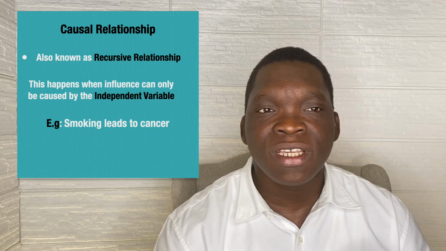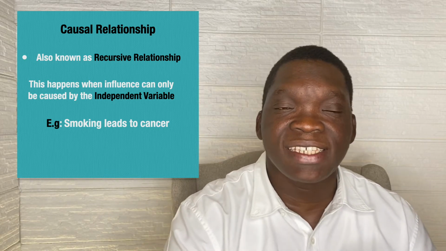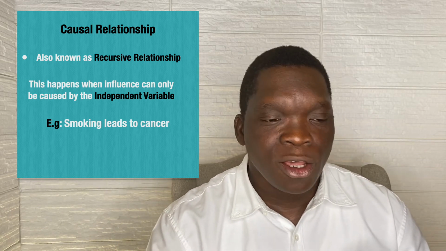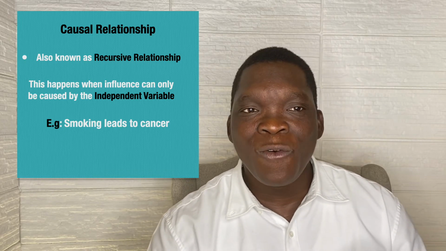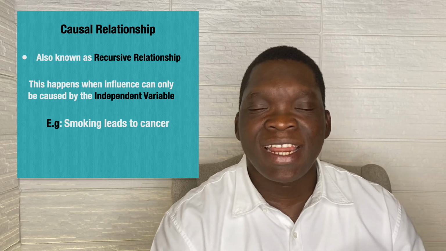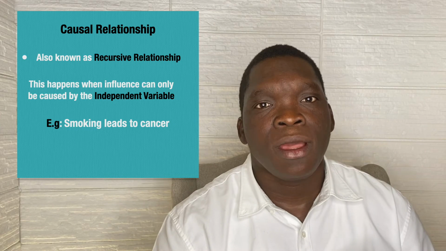An example is smoking leads to cancer. Smoking is the independent variable, so it can only influence cancer. You can have cancer because you are smoking. It can't go from dependent to independent, right? Because it can never happen that you are smoking because you have cancer. I mean, it's not logical.